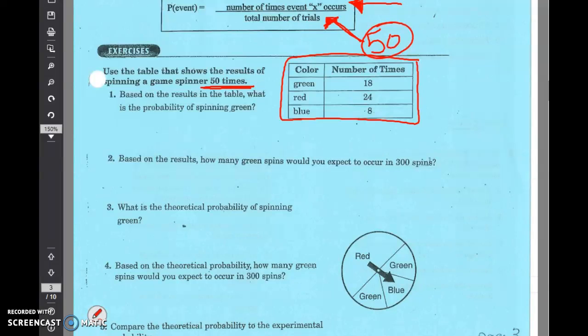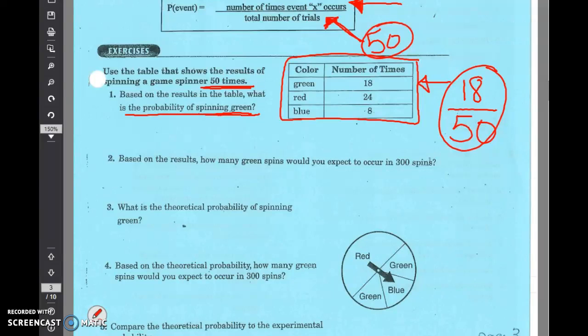And then based on the results, let's find the probability of getting green. So we are going to look over at our table. We're going to write in the numerator the number of times that green occurred over the total number of trials, and that's it. It does not say that we need to reduce or express as a fraction or decimal or percentage, so we get to just leave it at 18/50.